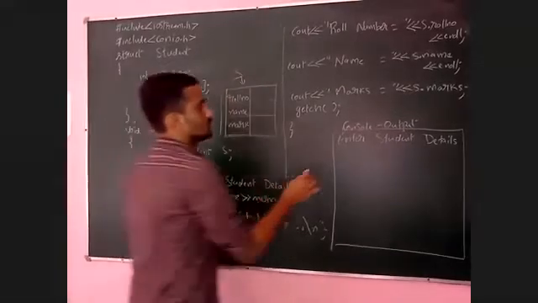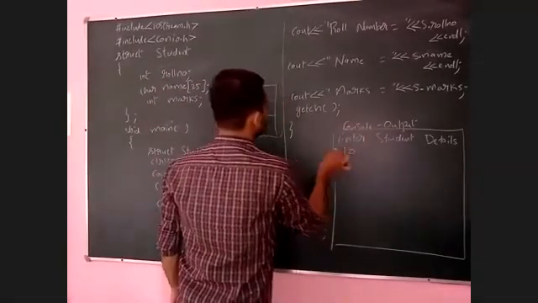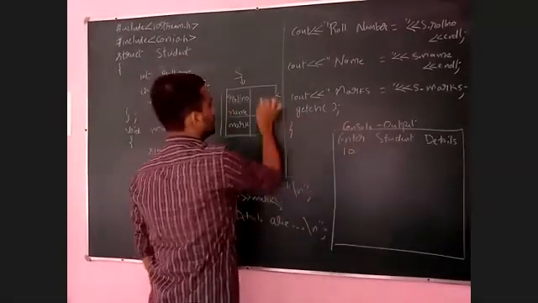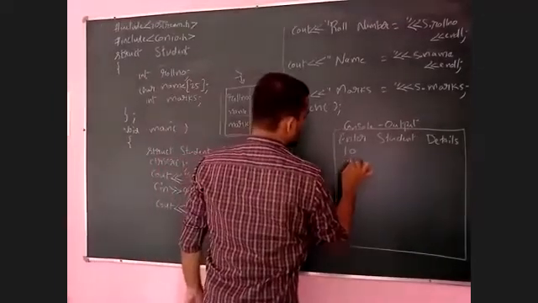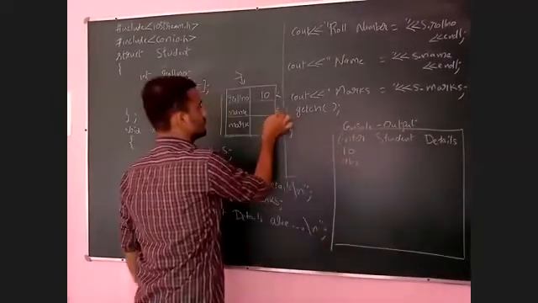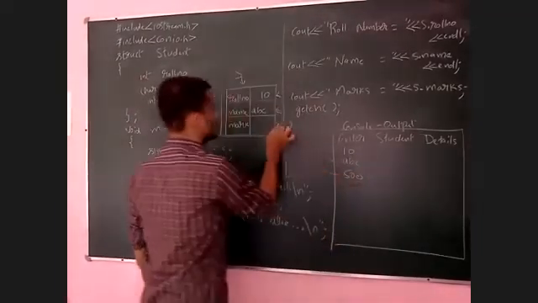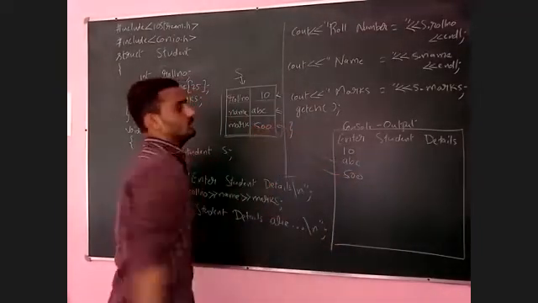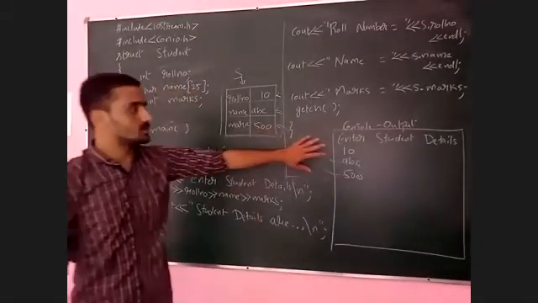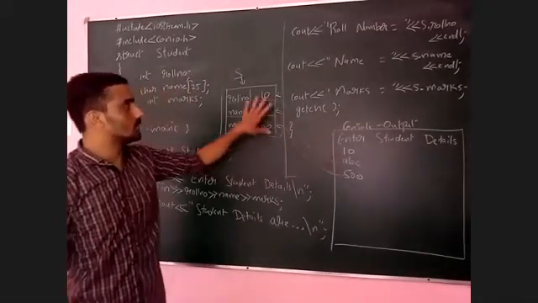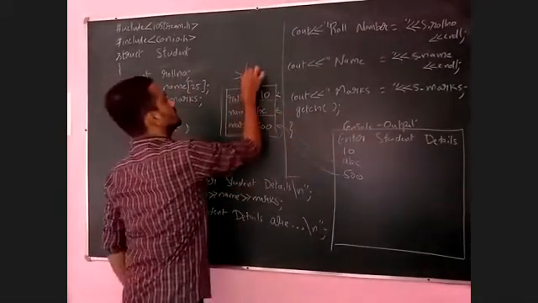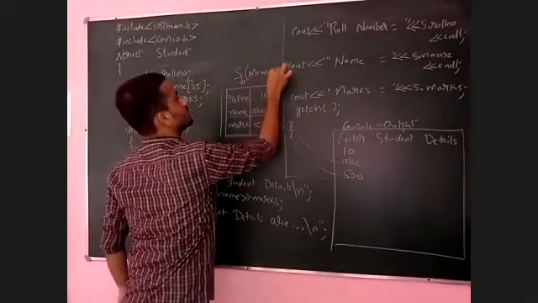If suppose you enter here say 10, this 10 will be stored here. Then next line ABC, so this ABC will be stored there. Then if I enter 500, this 500 will be stored in this way. So when the user enters the value on the console screen, it will be stored in the computer memory. So you can consider this as a memory representation of structure variables.